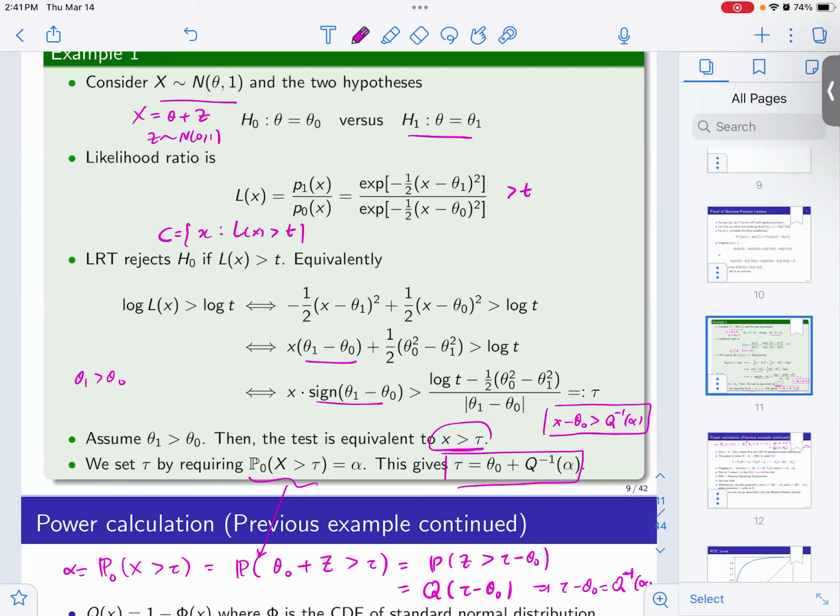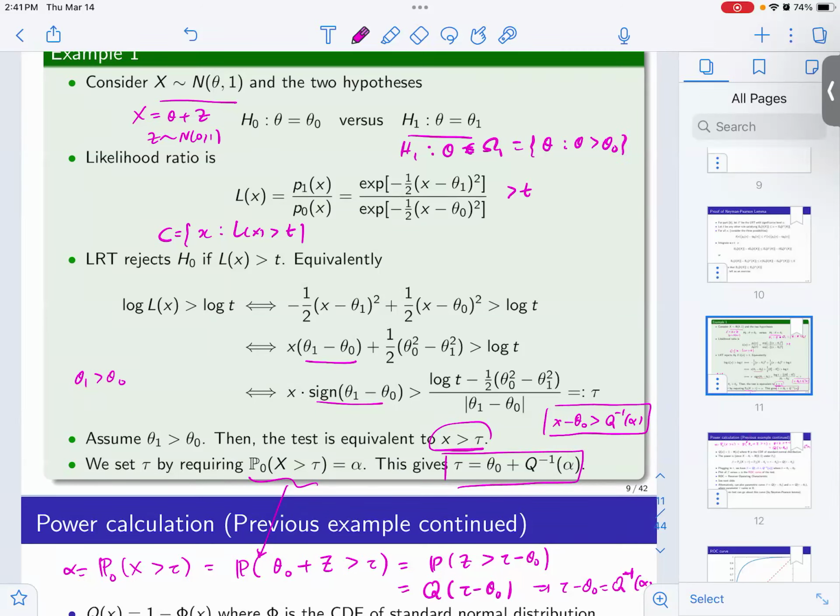So if you understand what happened here, then you realize that we proved that this particular test is uniformly most powerful against a composite hypothesis where we assume that theta belongs to this omega 1, which is all the theta that are bigger than theta naught.